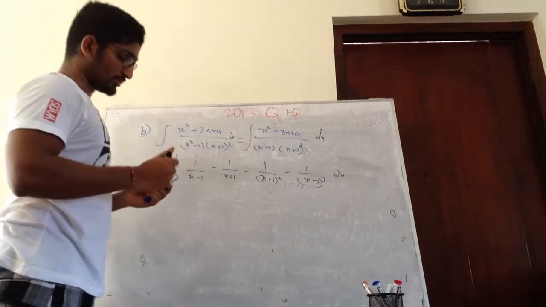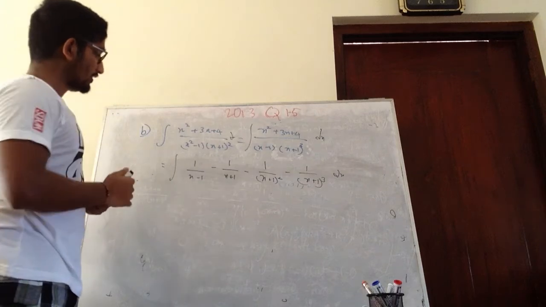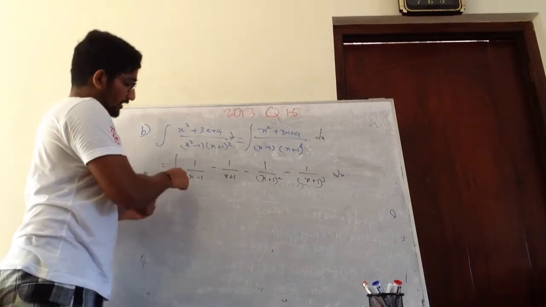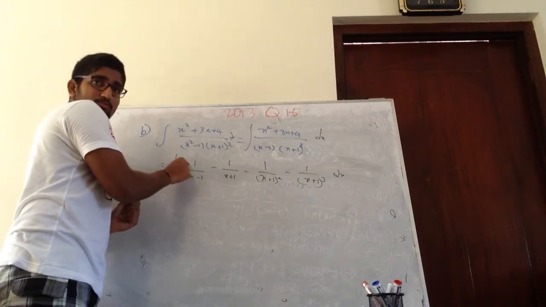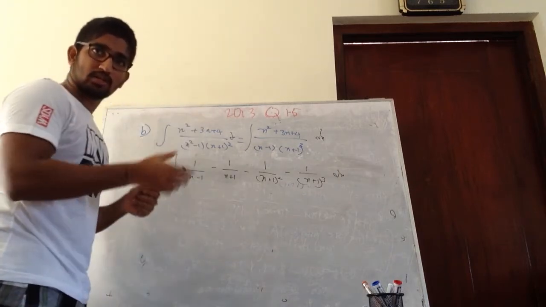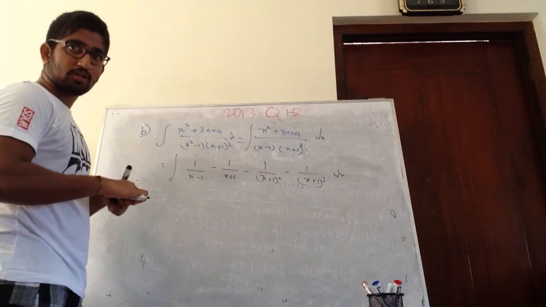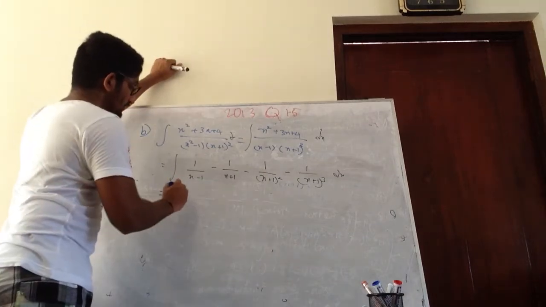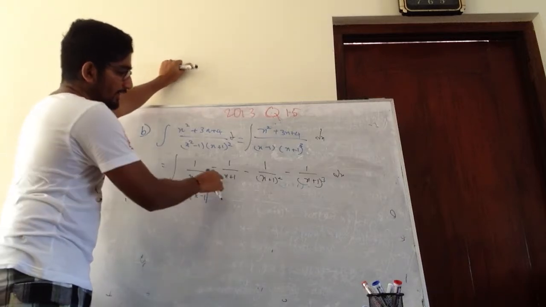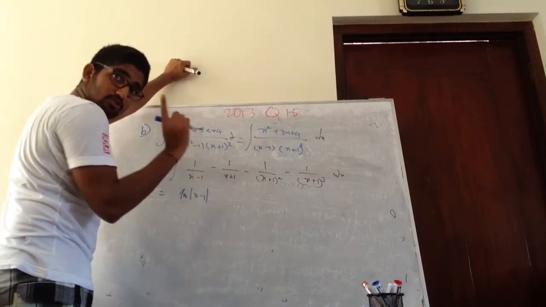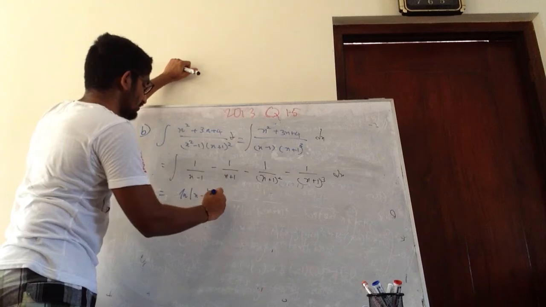So now it's pretty easy. Now you know that the differentiation of this part is 1, so you can use that ln thing. You will get, again, the differentiation of x plus 1 is also 1. So you can use the ln thing again.